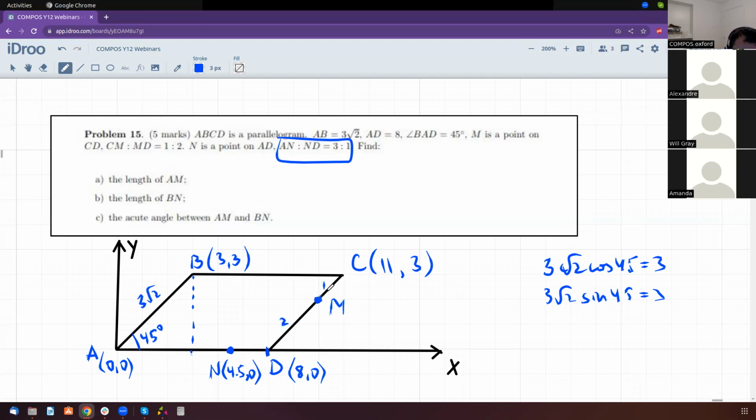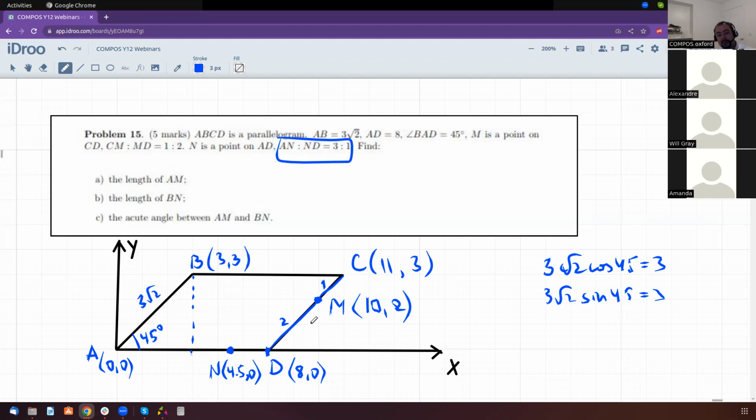And you can see even from the diagram, that's the reason why you do a diagram, you can work it out. You can immediately see that if this is 1 to 2 and this is 3 squares by 3 squares, M has coordinates 10, 2.